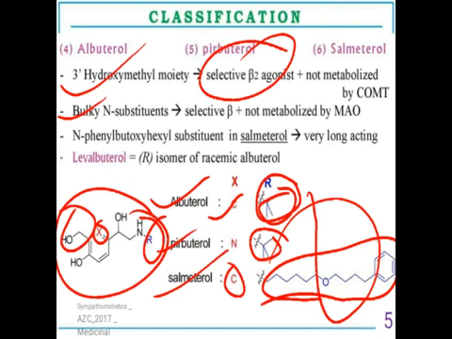These are the structural characters responsible for making them more selective towards the beta 2 receptor, and due to this modification it is difficult for them to be metabolized by catechol-O-methyltransferase, and due to the bulky R group they cannot be metabolized, or only a very small amount can be metabolized by monoamine oxidase. So metabolism is reduced by modification in the structure, and they become more metabolism resistant, as well as more selective towards the beta 2 receptor.